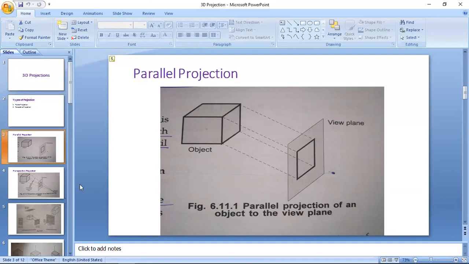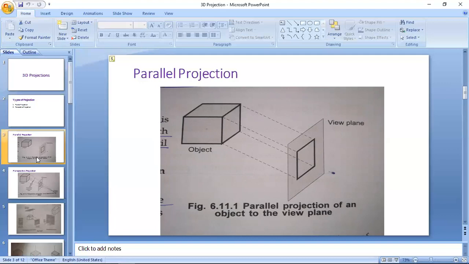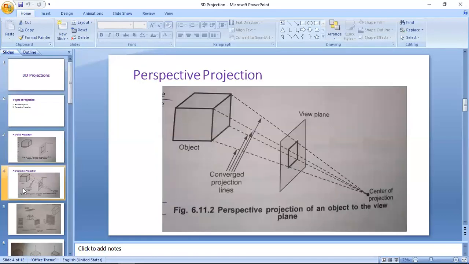Further, going to the perspective projection. In parallel projection, the projection lines will not converge to any single point. But in perspective projection, the projection lines converge to a single point, which is also called the center of projection.